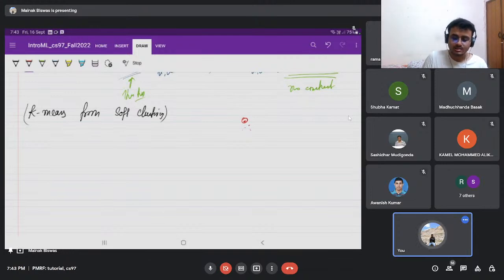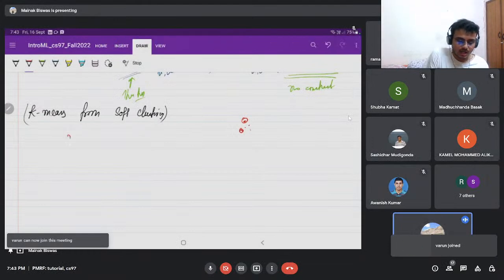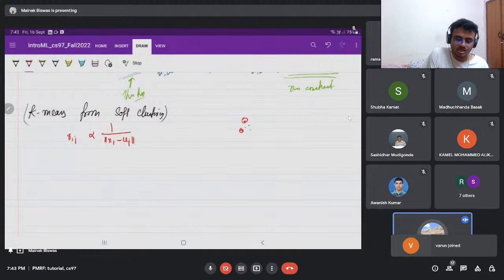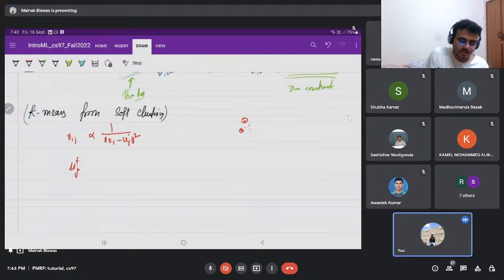But what we'll be doing is something like this. Rij is proportional to 1 by xi minus mu j, as I had already told you. And mu j, say this is the kth iteration and this is k plus 1, since it's an iterative solution, is equal to the sum over i equal to 1 to n of Rij squared times xi.